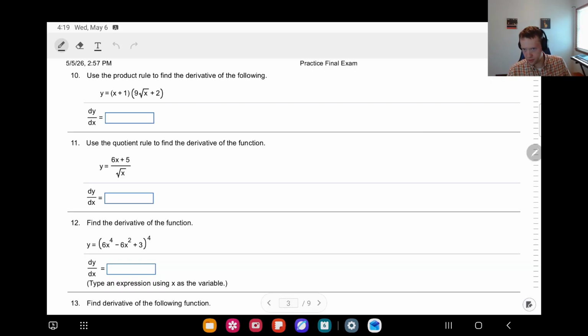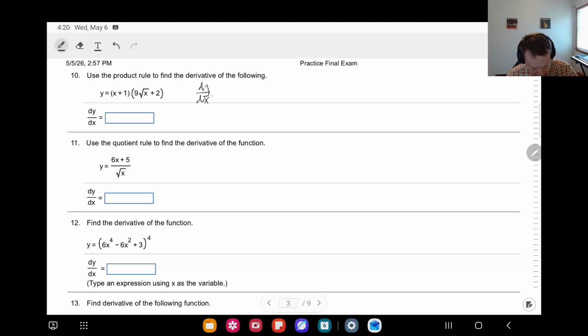Now we're getting into the derivative rules, besides power rule, that is. So product rule. We are not allowed to just take the derivative of each individual piece here. It's a process where you take the derivative of one of them at a time.